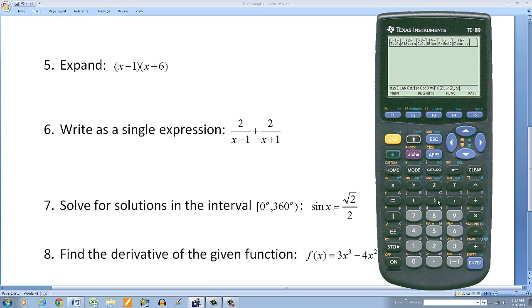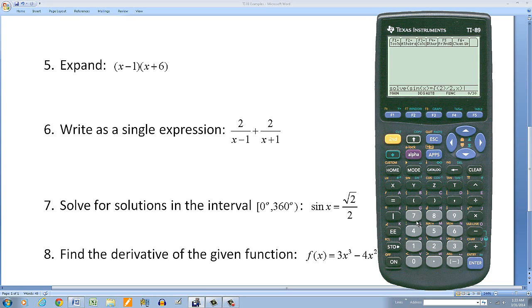So up to this point it's the same as the other ones, the algebraic equations I solved. So close parentheses. But I only want the answers that fall between 0 and 360, so now I have to do this. So I want this bar right here, so hit this bar. So this is saying basically I want the solutions to this equation such that the value of x falls between 0 and 360.